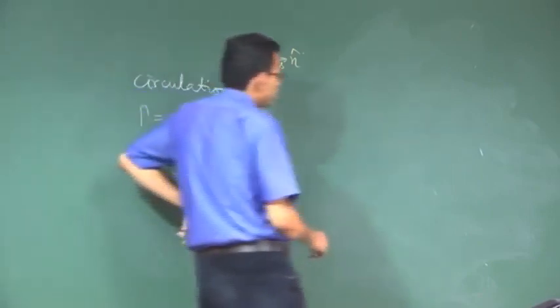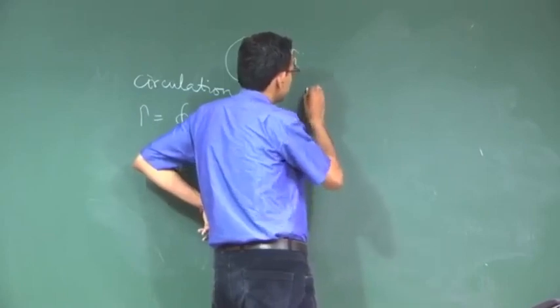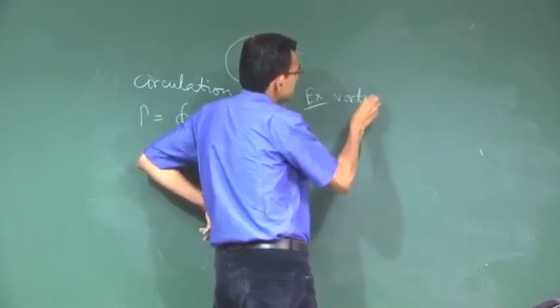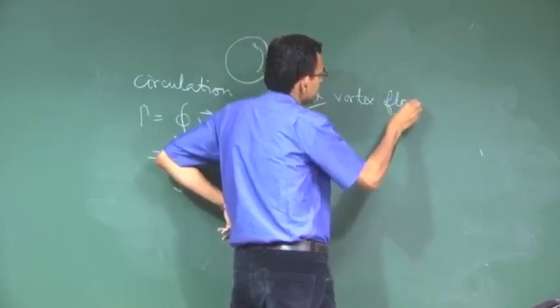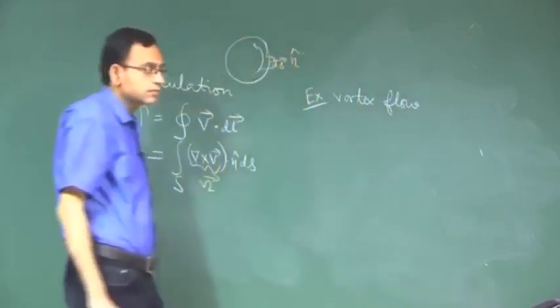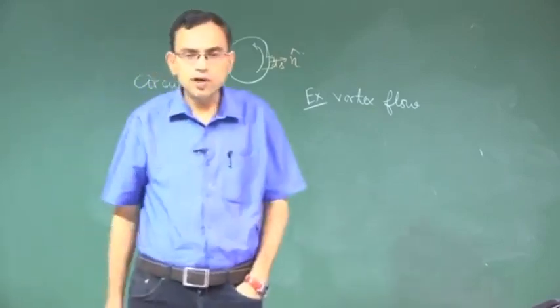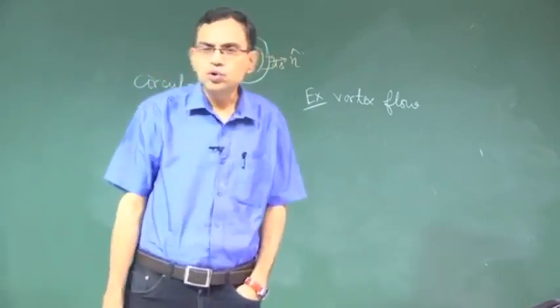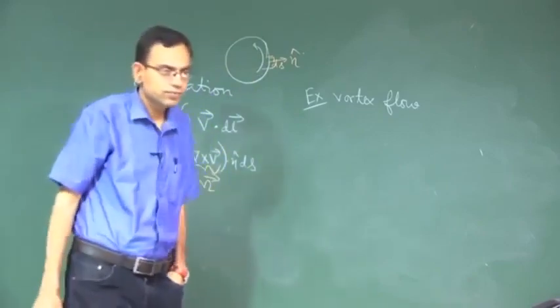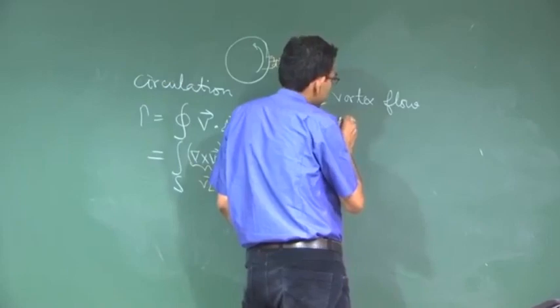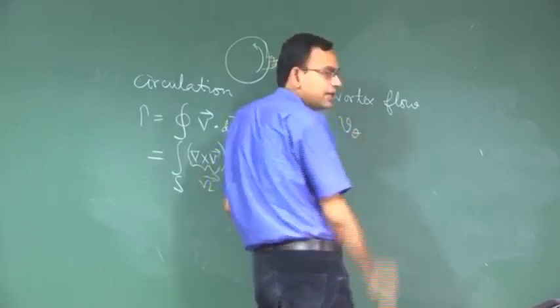Let us calculate the circulation for a particular type of flow which we call vortex flow. Vortex flow is a type of flow where you have V theta.